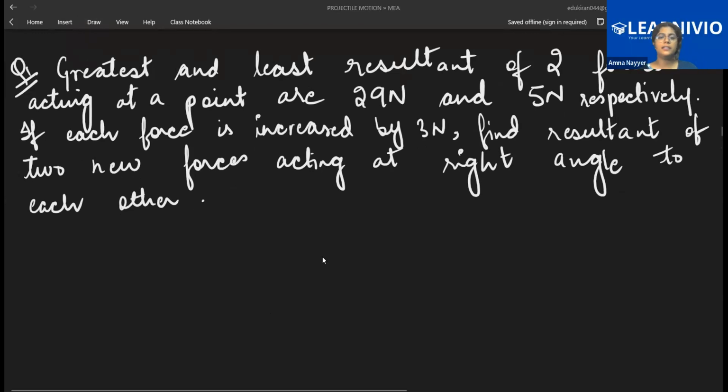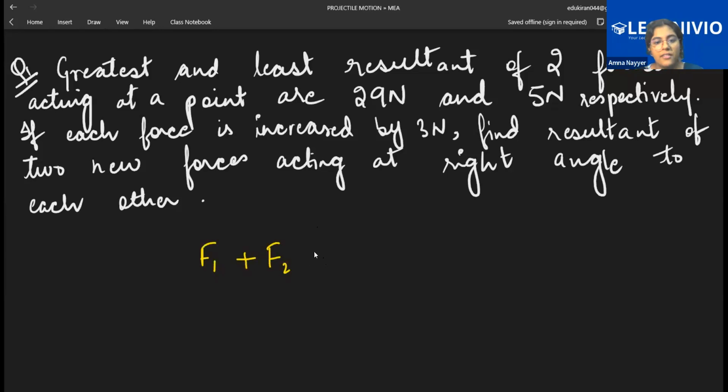See, here it says that greatest and least resultant of two forces acting at a point are given as 29 Newton and 5 Newton. Now it says if each force is increased by 3 Newton, find the resultant of the two new forces acting at right angle to each other. Greatest and least means we are adding and subtracting.